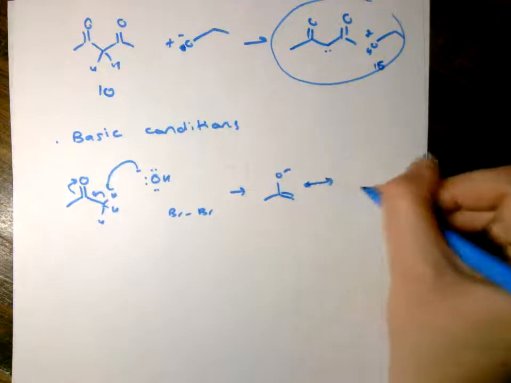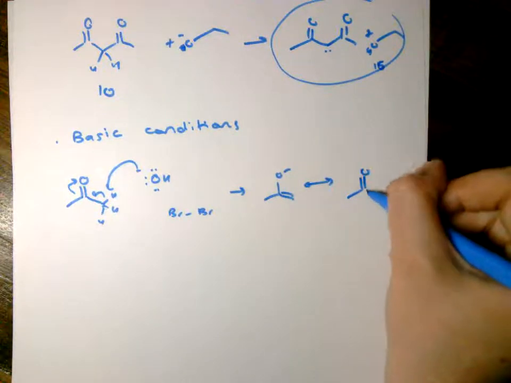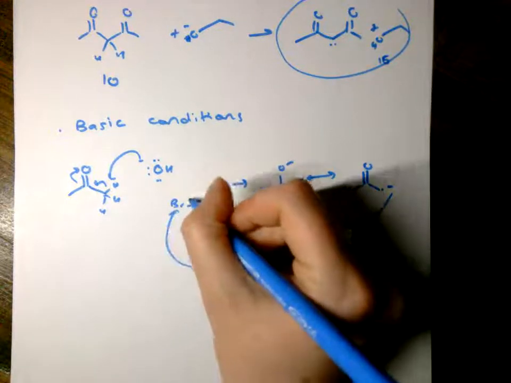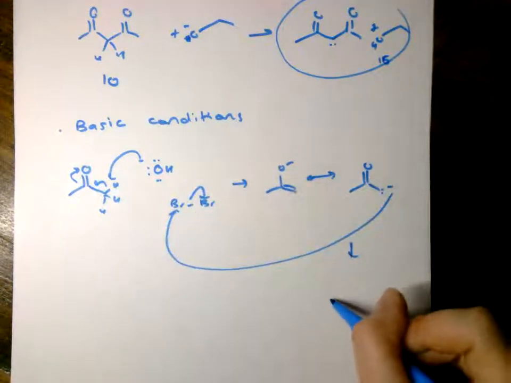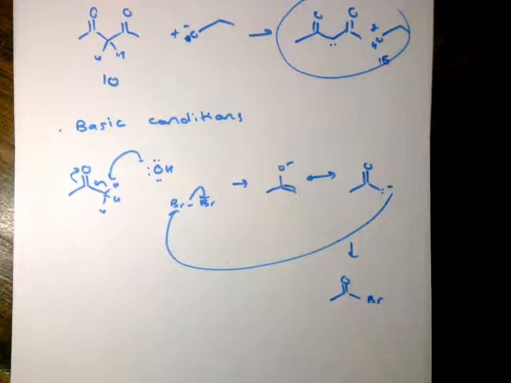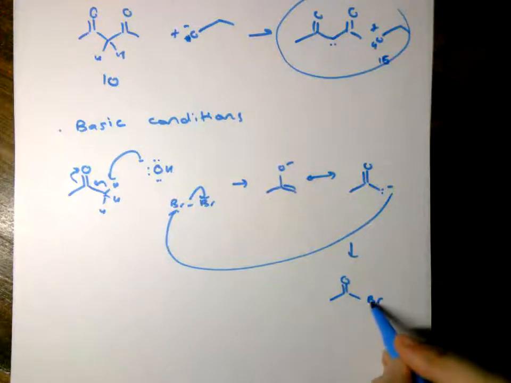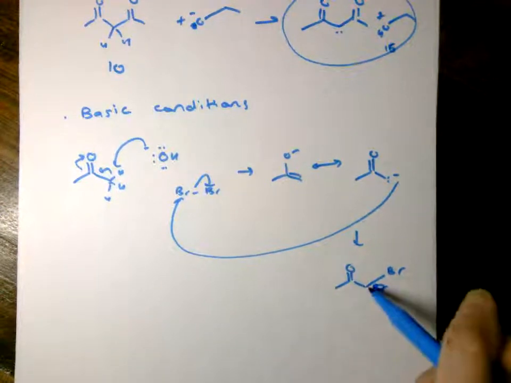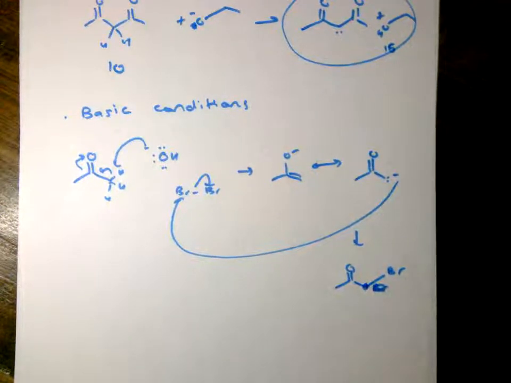But again, I usually draw my attack from this position. So this is going to attack your Br and break that bond, and then you get an alpha halogenation. Oh, I drew that wrong. It attacks right there, so it's one away. So it's bonded to the alpha. So you get your alpha halogenation.